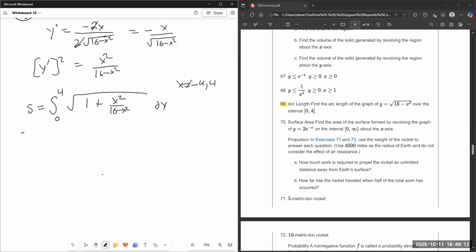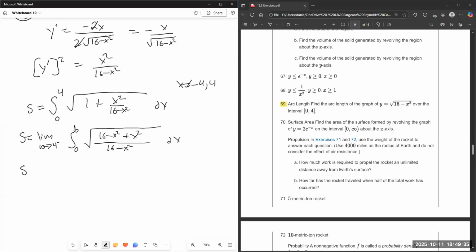So I need s to be equal to the limit as b goes to 4 from the left of 0 to b of, and now I'll make it 16 minus x squared plus x squared over 16 minus x squared dx.